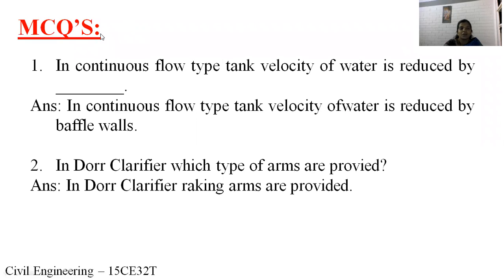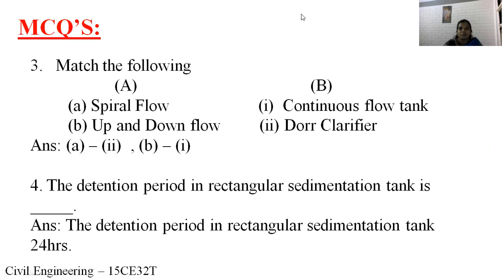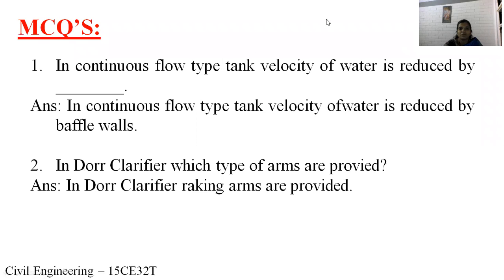Next topic is MCQs. So question number 1. In continuous flow type tank, velocity of water is reduced by dash.